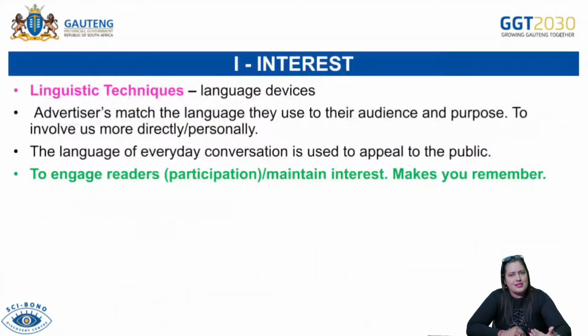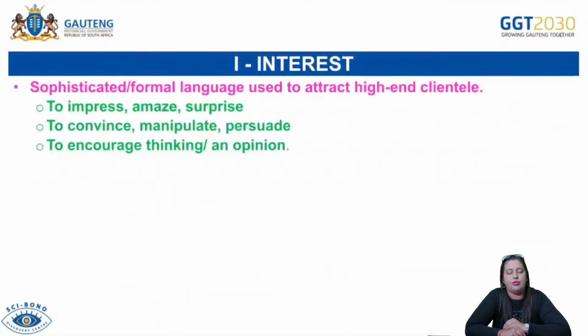So when he does this, he engages with us on a personal level. He makes us curious to continue reading further by mentioning or using certain words, for example, in that particular advert. Okay? Or he also may be doing the following.